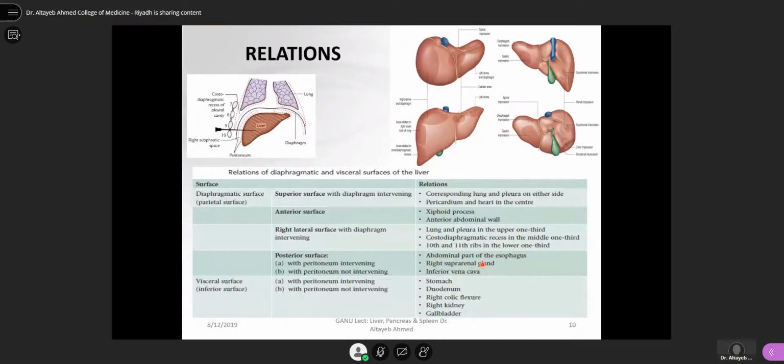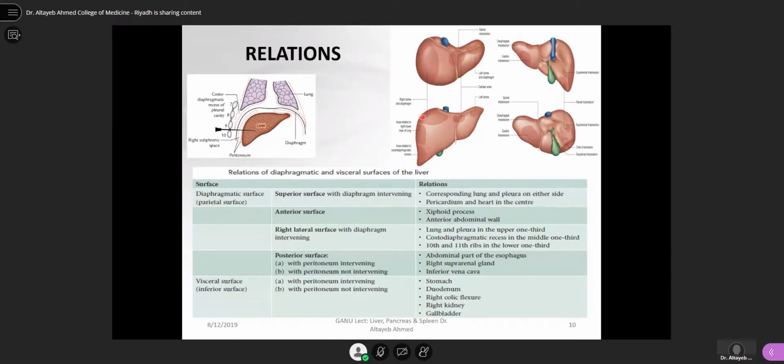What are the relations? As you can see here, this is the diaphragm. I want you to look into this picture very carefully, because this is very important in clinical practice. The right surface of the liver has three different relations.